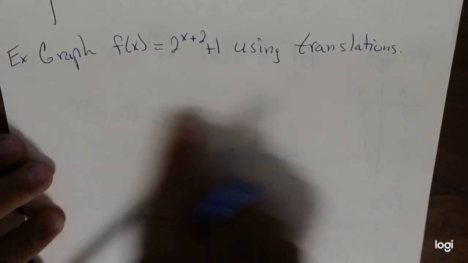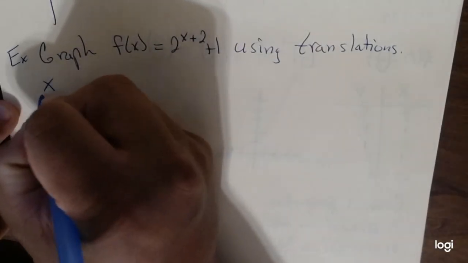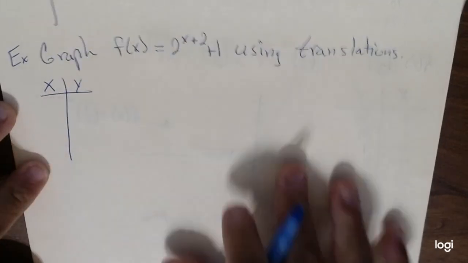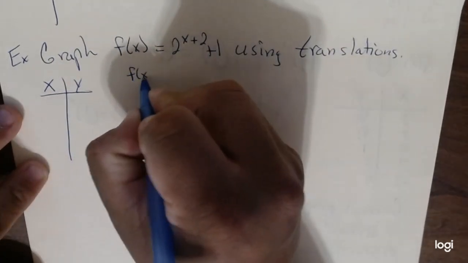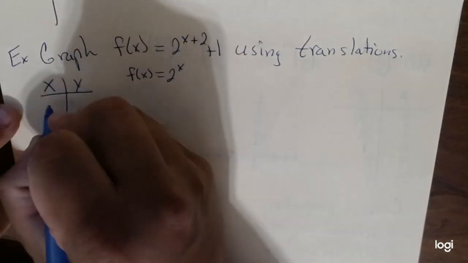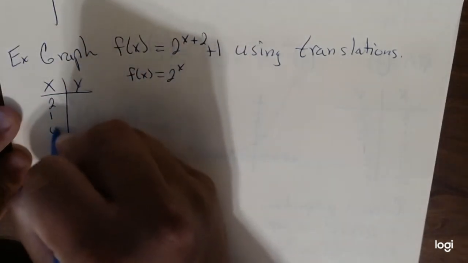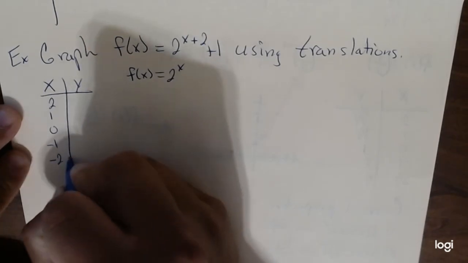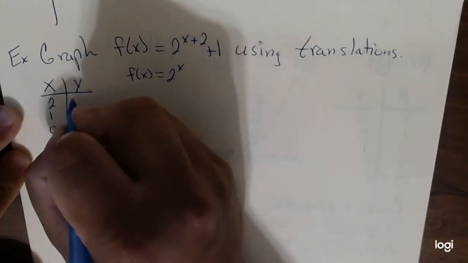We're using transformations. First off, we're going to draw our parent function, and the parent function is the bare basics. So this is just 2 to the x power. We can use the same values we did before: 2, 1, 0, -1, and -2. I'm just going to write them down because we did them earlier.